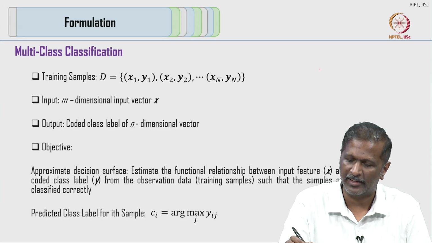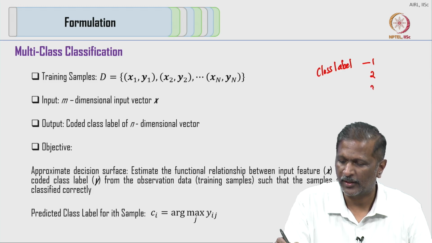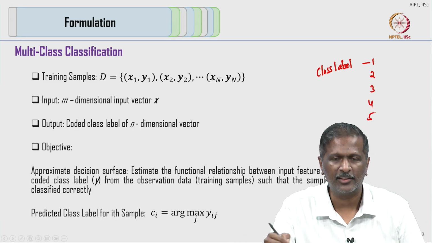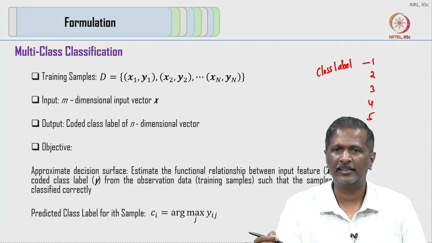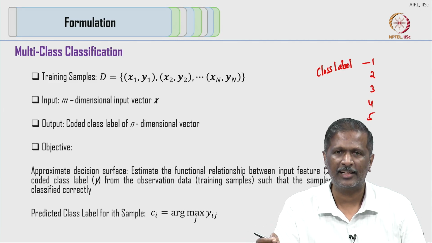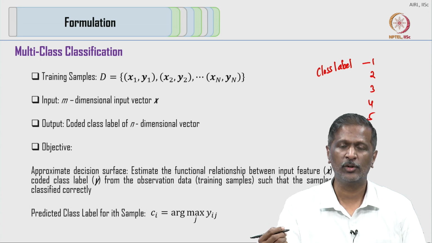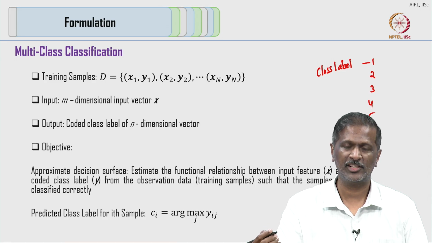When I say class label, we talk about 1, 2, 3, 4 or 5. We are saying there are 5 classes. These are integers. But I don't want this class label to be represented as an integer. I want to convert the class label into some vector which I can easily use to represent the output or the decision space, right?